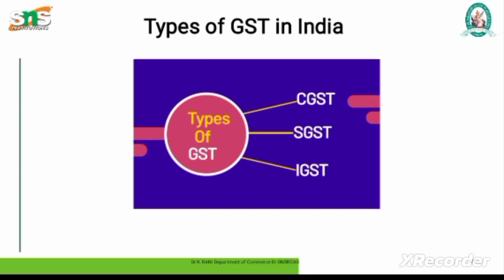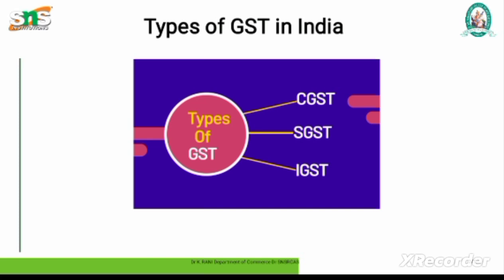Union Territory Goods and Service Tax. The Union Territory Goods and Service Tax or UTGST is the counterpart of state goods and service tax, which is levied on the supply of goods and services in the Union Territories of India.